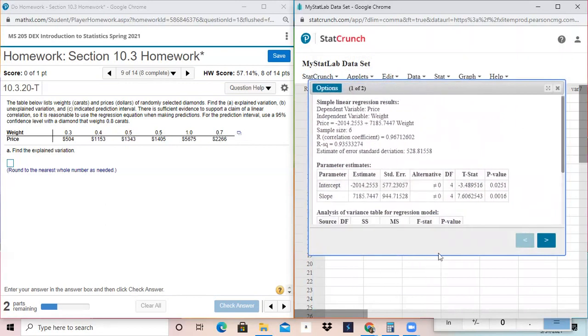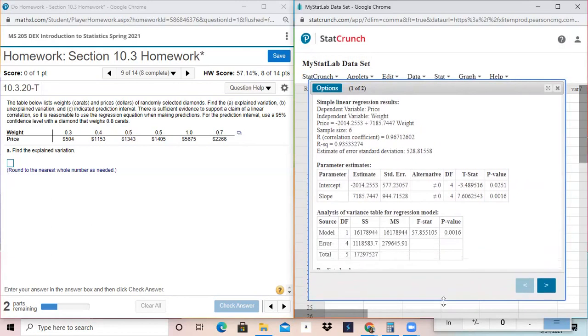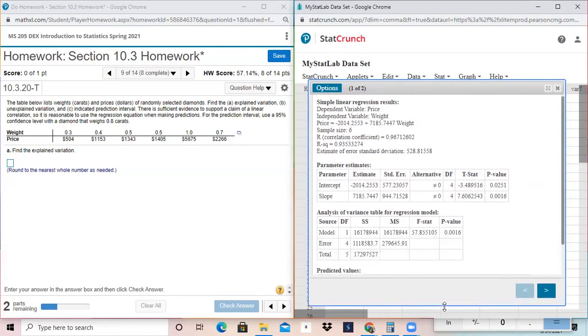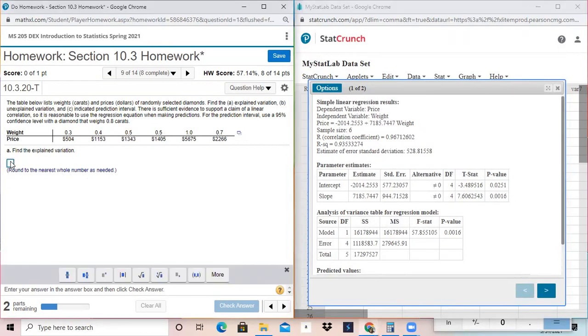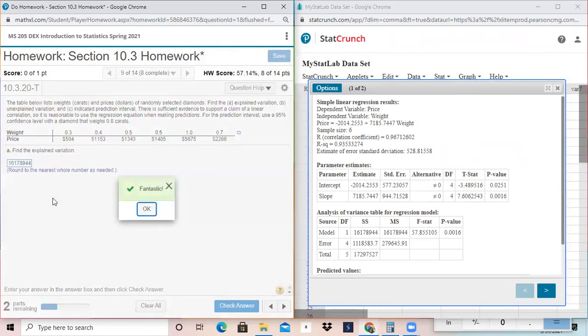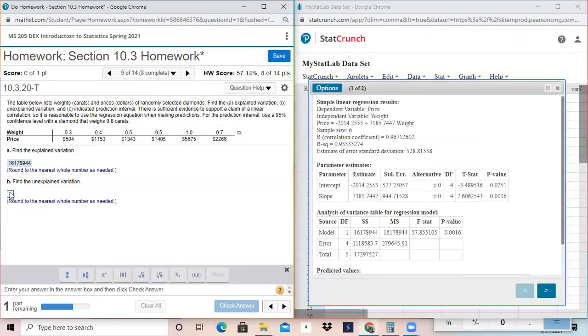So again, pulling this out. To get your variation, unexplained and explained, look under SS. The explained is going to be the top number, 16178944. The unexplained is going to be the next number down, 1118584.